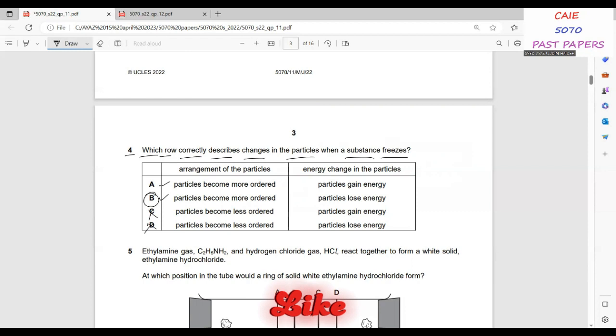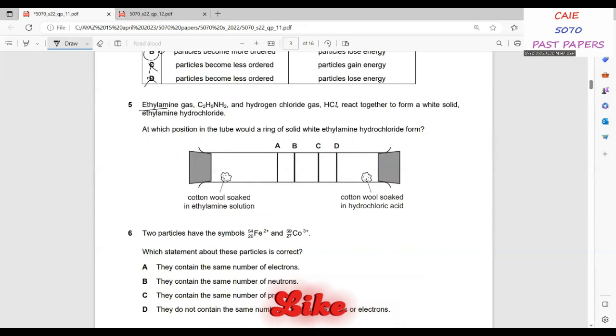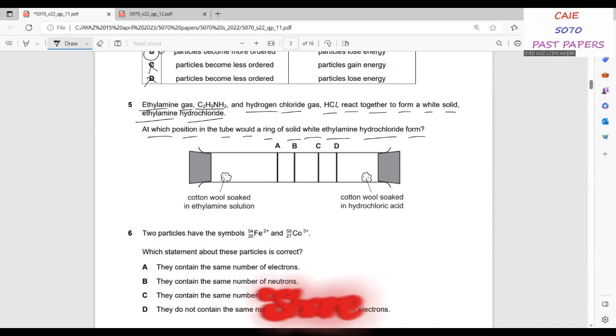Number 5. Ethylamine gas C2H5NH2 and hydrogen chloride gas HCl react together to form a white solid, ethylamine hydrochloride. At which position in the tube would a ring of solid white ethylamine hydrochloride form? This is very easy. What you have to do is find the Mr of C2H5NH2 and HCl.